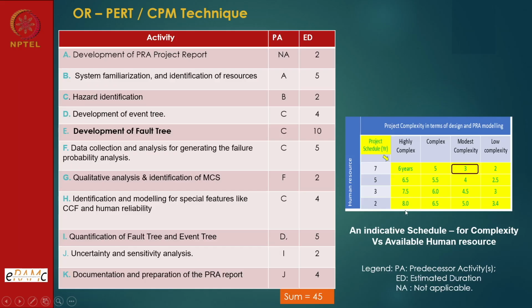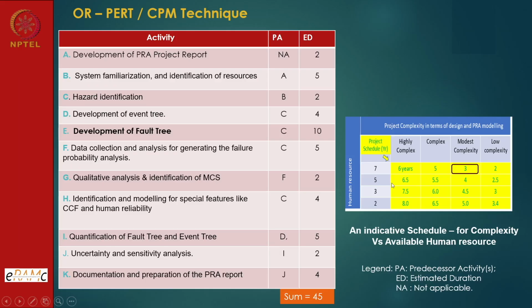By the time, things would have changed. So what kind of human resource allocation should be done depends on the complexity of the plant. If there is a plant with modest or low complexity, let's leave it. So you should have 7 people if you have to complete the project in 3 years.